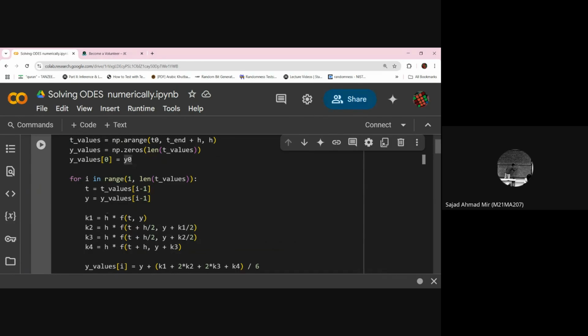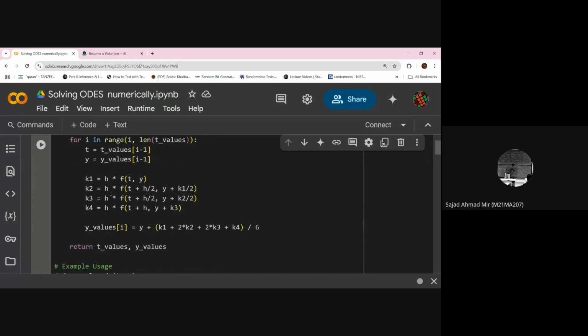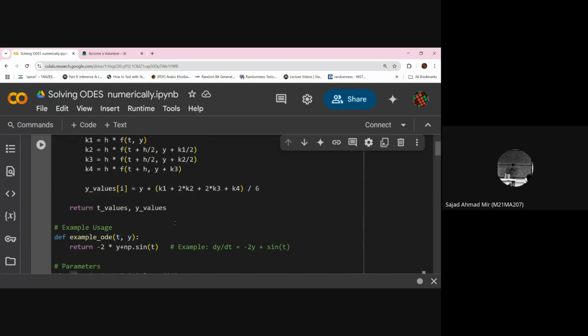So k1 depends on the values of t and y. k2 depends on k1, which you can calculate from here. k3 depends only on k2, because we have taken this particular choice of the RK method. Now your updated value is just the weighted average of these values, and it returns your values.